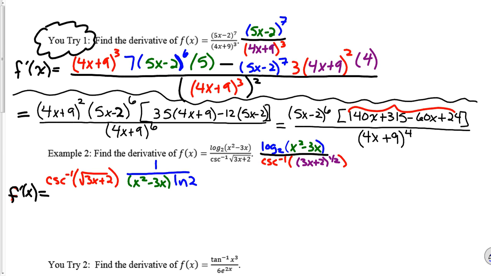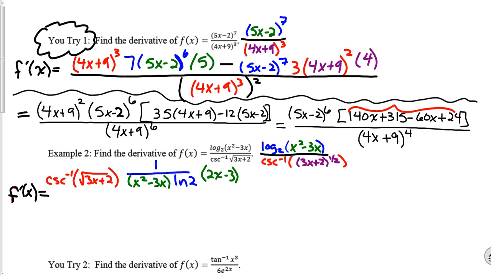Then I need to multiply by the derivative of my inside, which is the green part, and the derivative of the green part is 2x minus 3. So what I've done so far is, in red I have the bottom, in the blue and green I have the derivative of the top.